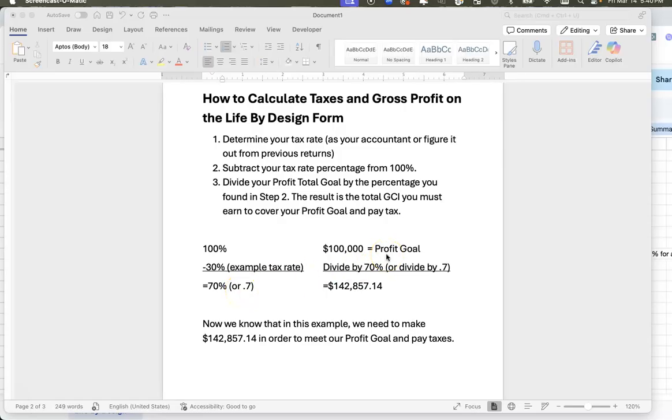Moving over to this column, if we want to achieve a profit goal after tax of $100,000, we're going to divide $100,000 by 70%, or divide $100,000 by 0.7. The number we're going to come up with is $142,857.14. Now we know that in this example, we need to make $142,857.14 in order to meet our profit goal and pay taxes.